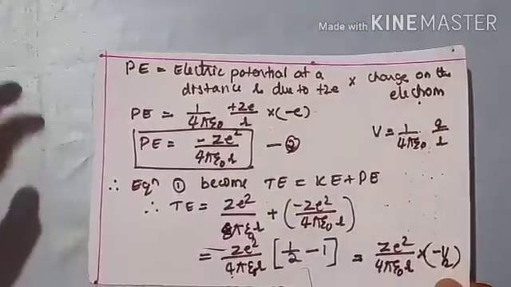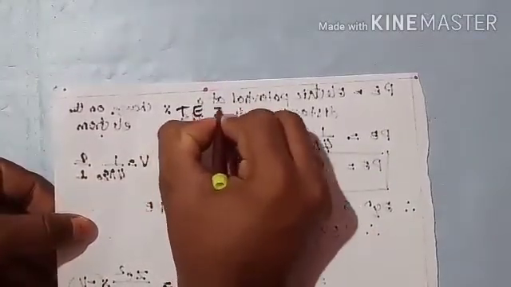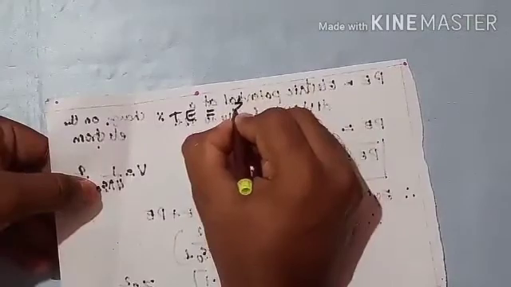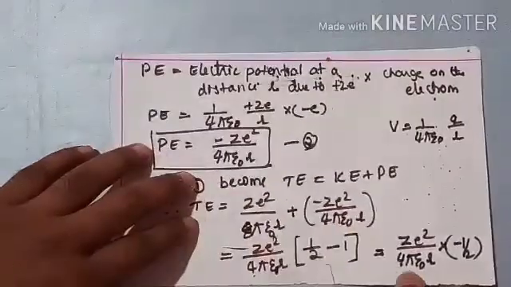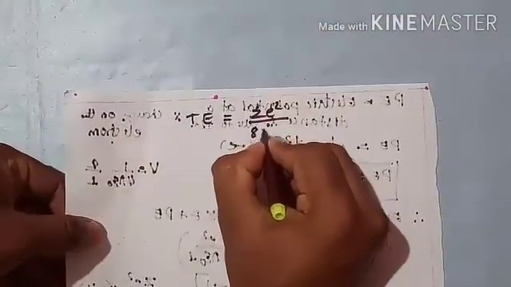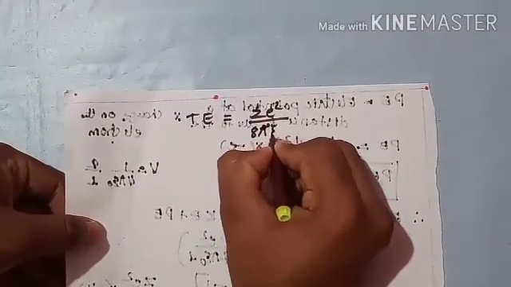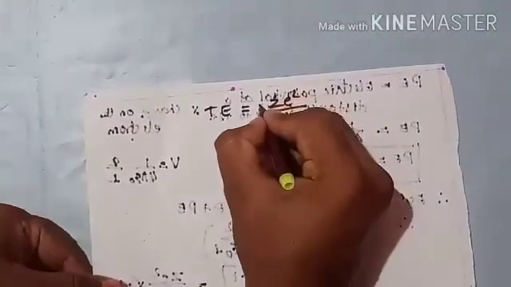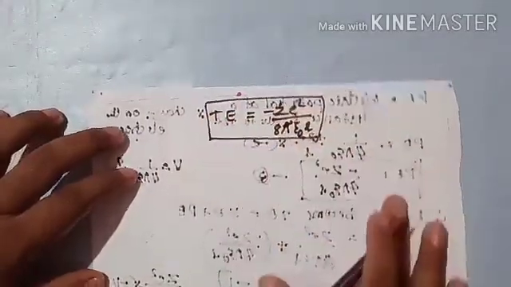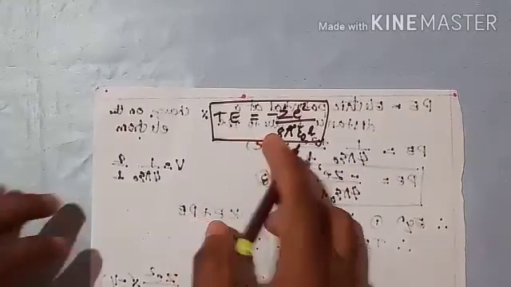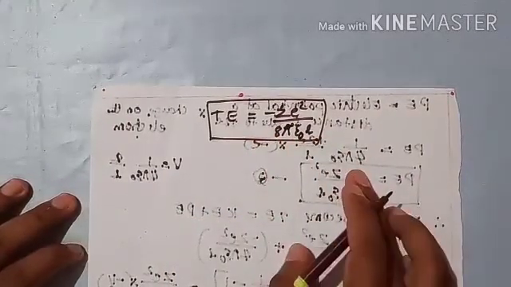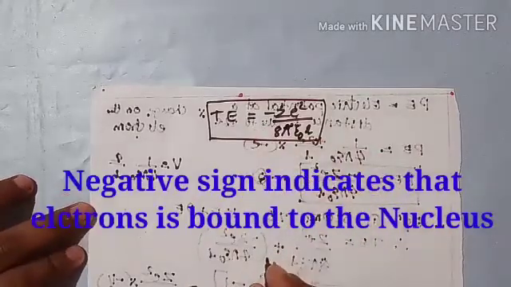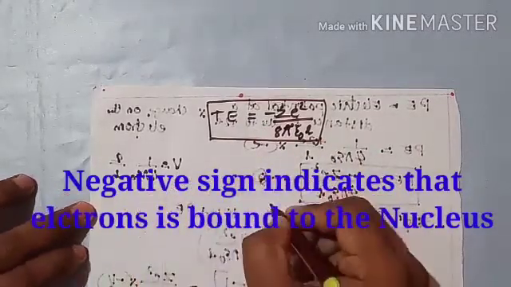On multiplying this, total energy is equal to Ze square divided by, 4 into 2 is 8, 8 pi epsilon naught R. Here the minus sign is there, so you take it as minus. Therefore the total energy TE is equal to minus Ze square divided by 8 pi epsilon naught R. This negative sign indicates that the electron is bound to the nucleus.